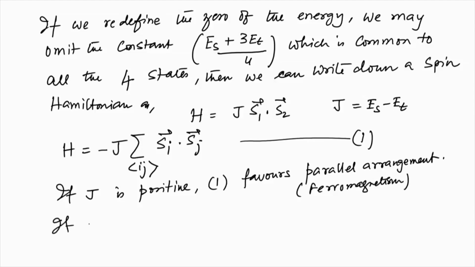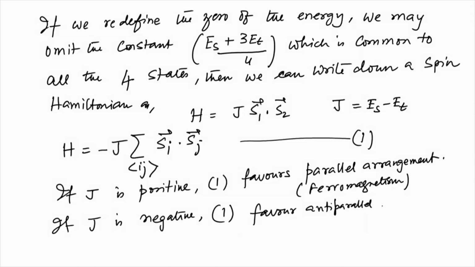And if J is negative, then this favors anti-parallel arrangement, and it is antiferromagnetism. We have seen these phenomena from a purely electronic model, which is the Hubbard model, but we have also been exposed to this kind of spin only models.